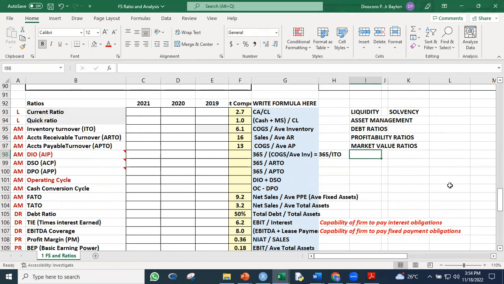There are other types of ratios, but we will just be focusing on these most basic ones.